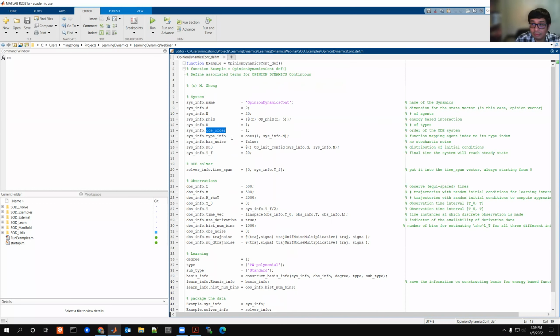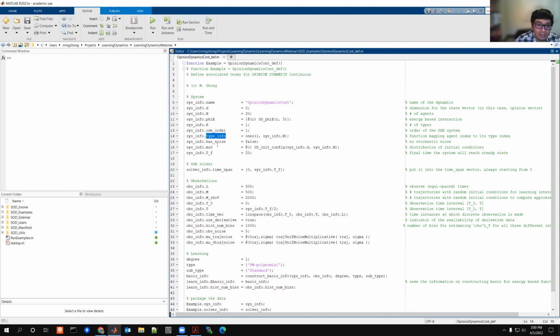Okay, and then you have to define the order of the system. In this case it is first order, so it's 1. Capital K here indicates the number of classes, the types of agents, so it's 1. Type info just tells the system that I'm going to set each agent to type 1, because you only have 1 type.